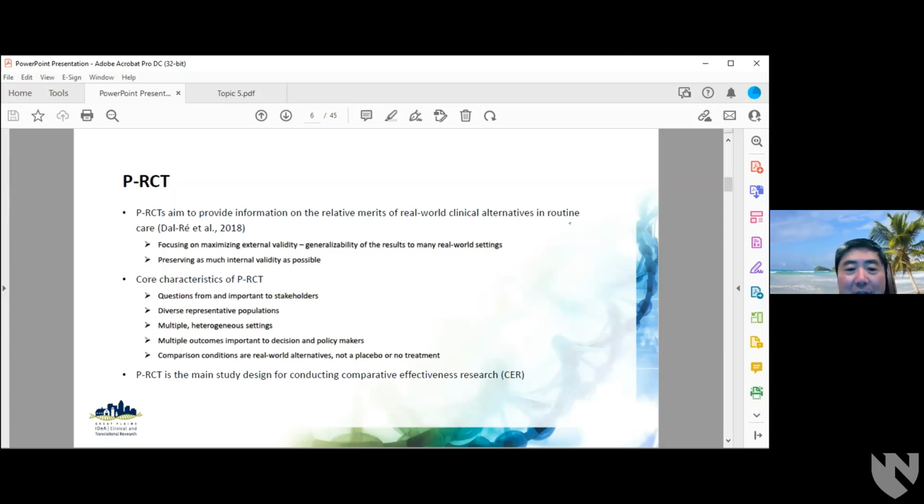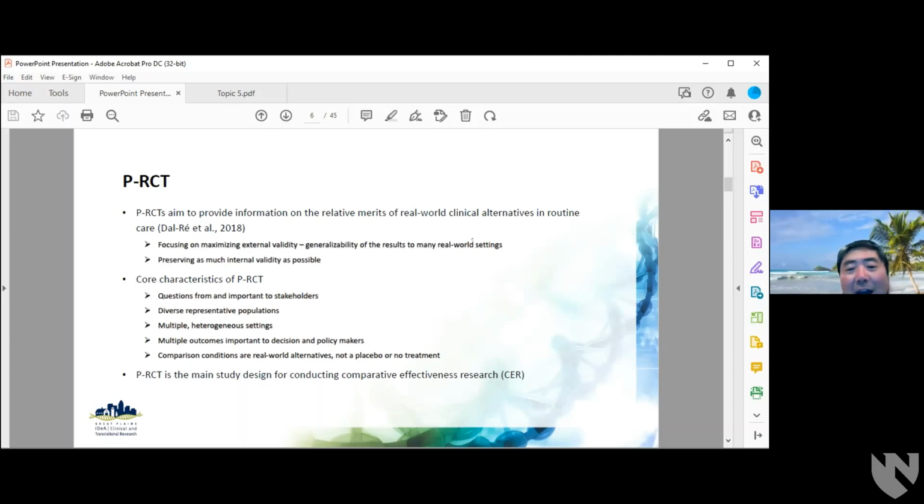The focus for the PRCT is maximizing external validity, which means more focus on generalizability to the usual setting, rather than focusing on internal validity, which tries to prove the concept.